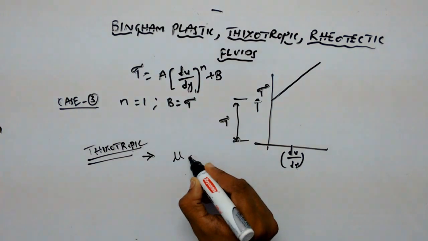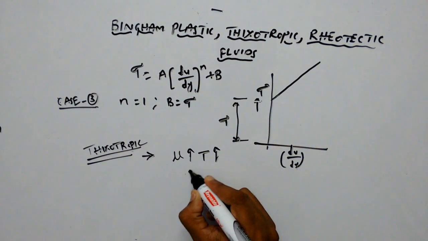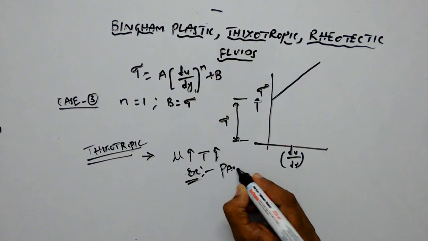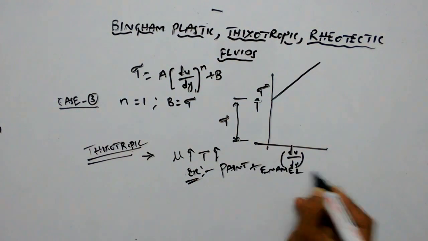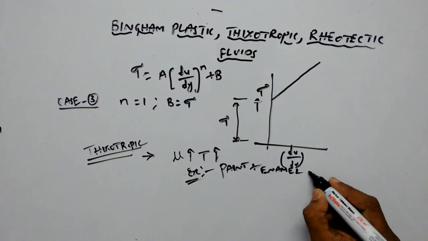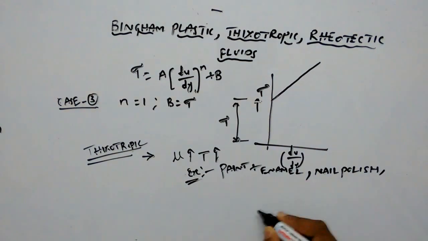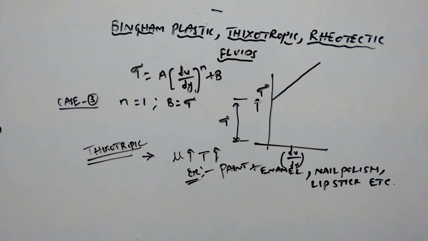If the dynamic viscosity increases with respect to the time, means, for example, if you take a paint and enamel combination or a nail polish, a lipstick, etc., the dynamic viscosity of these nail polish, lipstick, or the paint plus enamel combination increases with respect to the time.